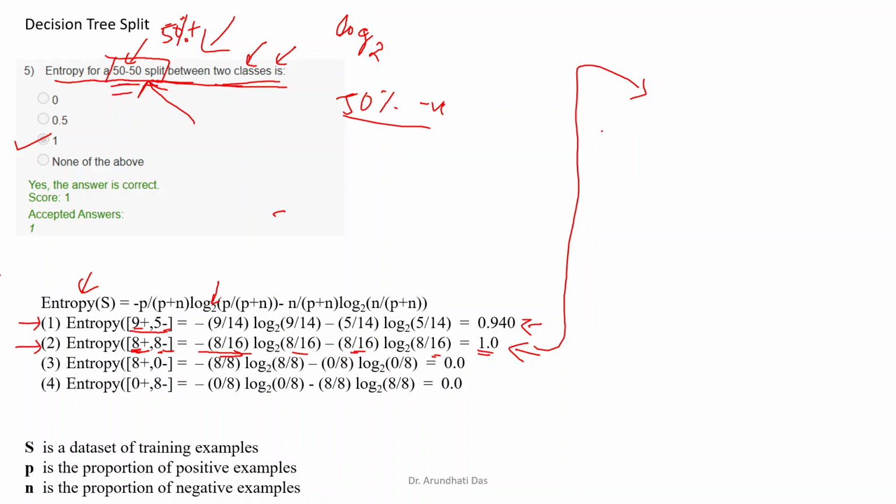I can substitute into the entropy formula: the entropy for that particular data set is p by p plus n, log base 2 of p by p plus n, and then the negative symbol again, n by p plus n, log base 2 of n by p plus n.